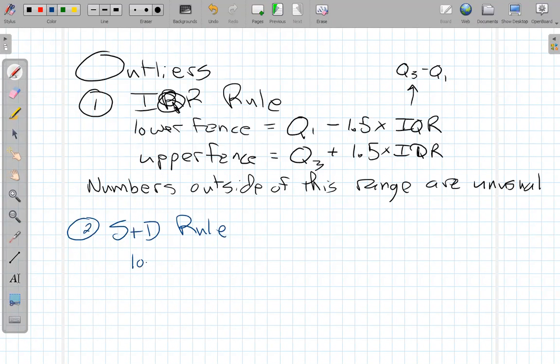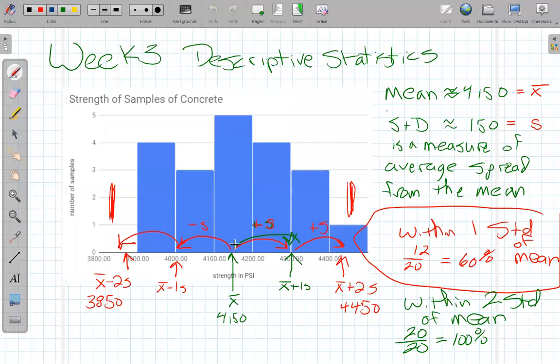So the lower boundary for the SD rule is related to the picture I was drawing back here, where if you look at the middle by the mean and you count 2 standard deviations to the left, see what number that is, and then you count 2 standard deviations to the right and see what that number is, that is another way to talk about what the usual range of data should be for a given sample. And so if numbers are outside of that range, they're unusual. If they're within that range, then they're kind of like the rest of the crew.